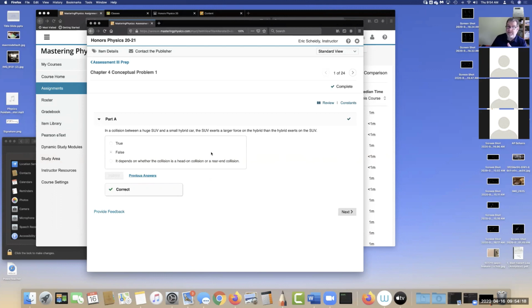Because the SUV has a larger mass and the car has a smaller mass, the car will have a larger acceleration and the SUV will have a smaller acceleration. So if this collision happens and you're riding in the SUV, you feel a small acceleration. And if you're in the hybrid, you go flying, a large acceleration. So the accelerations are different, sure, but the forces are the same always. This question is designed to trick you into second guessing that idea that the forces are always equal and opposite. Do we get that?